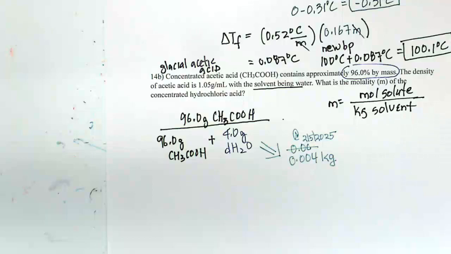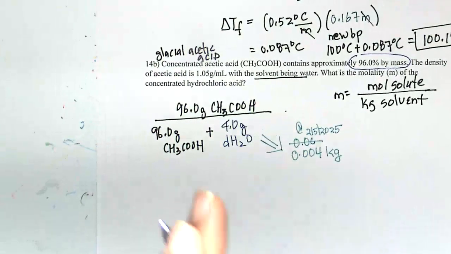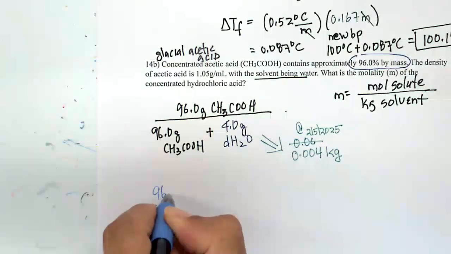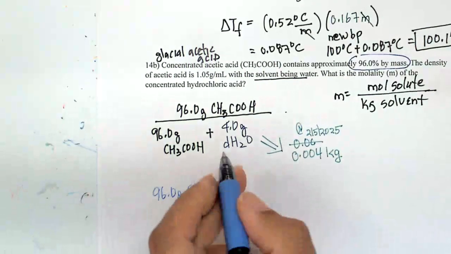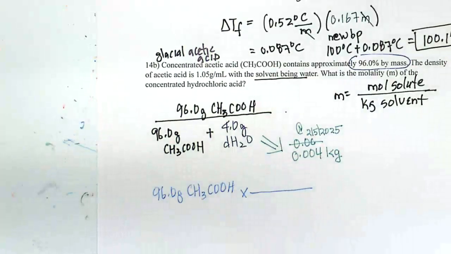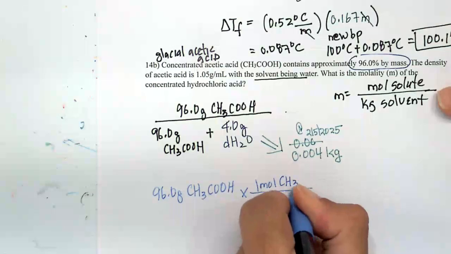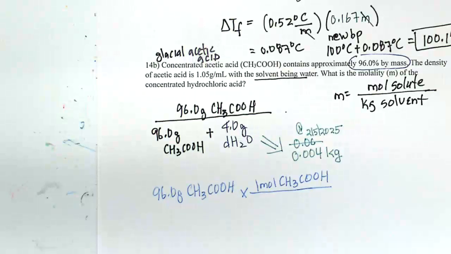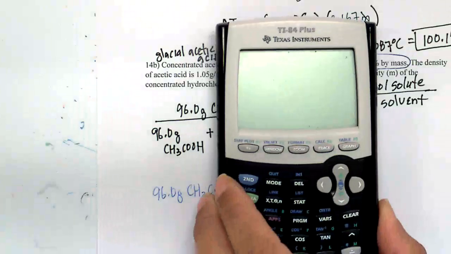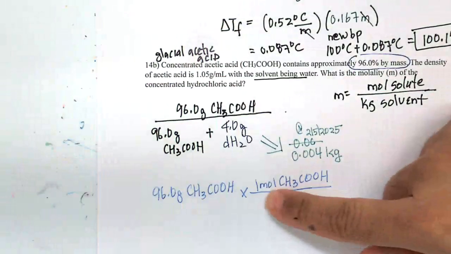All right, let's figure out the moles of solute here. This is 96 grams of acetic acid times 1 mole of acetic acid contains how many grams? Let's quickly do a rough calculation. Carbon is about 12.01, there's one of them.